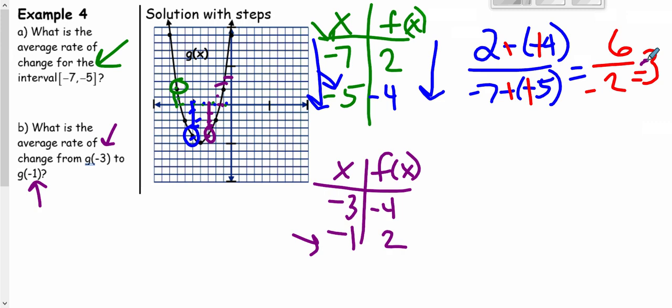What's our next step? It's to subtract our output values, put them over our input values. So I'm going to say -4 minus 2 over -3 minus -1. What's my answer?